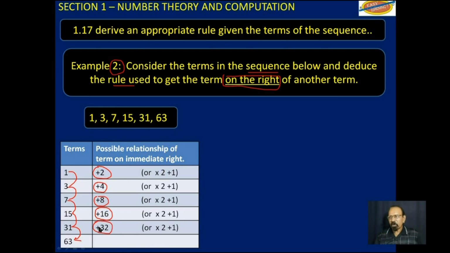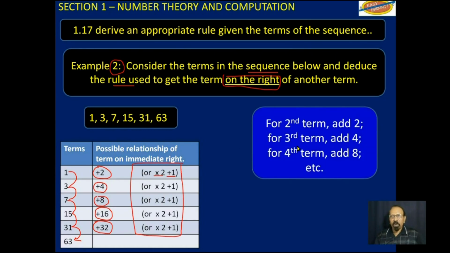So it looks like you're doubling these numbers beginning at 2 and adding them. That's one way. Or you multiply the previous number by 2 and add 1. This actually looks easier to state as a rule. For the second term, we got 2 and so on.